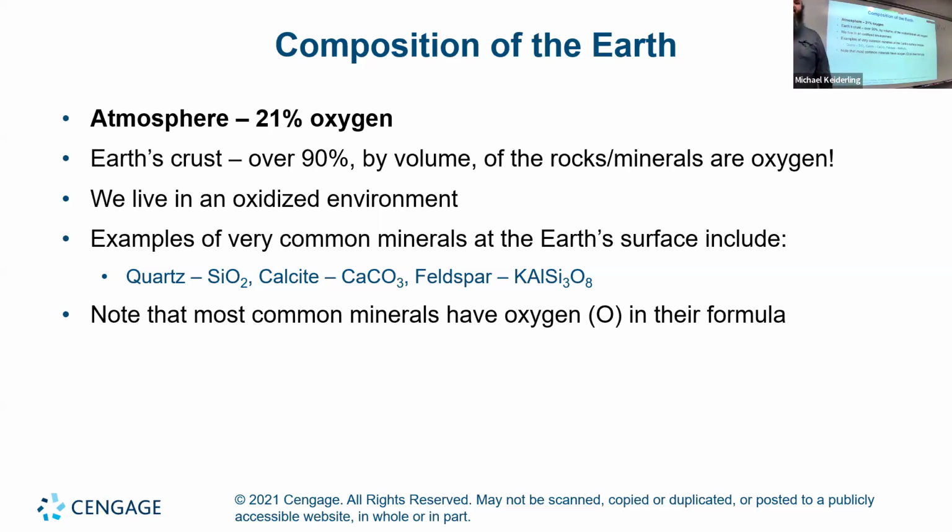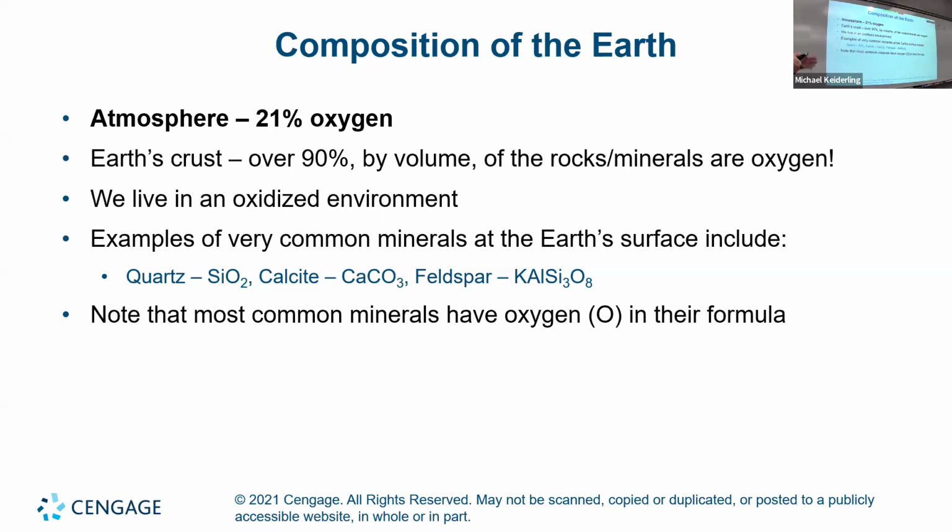The composition of the Earth: the atmosphere is about 21% oxygen, which is unique. It is the only planet in the solar system with significant oxygen in its atmosphere. Its crust is over 90% oxygen by volume. The rocks and minerals on the crust are also oxygen. So we live in an oxidized environment.